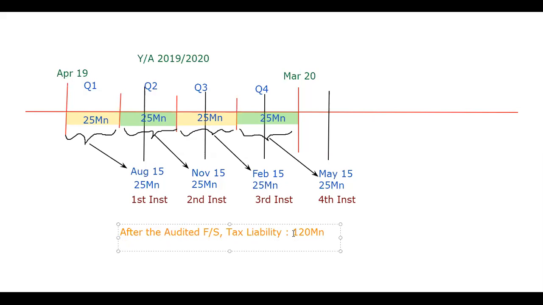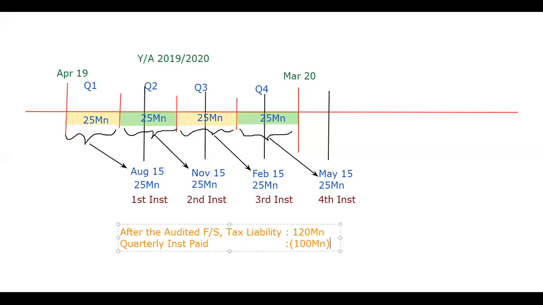But the quarterly installments paid, how much did you pay quarterly? You know that it is 25 million each, so 100.